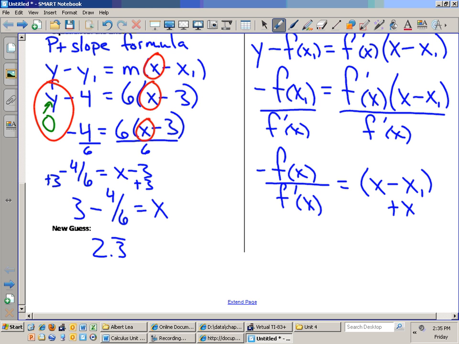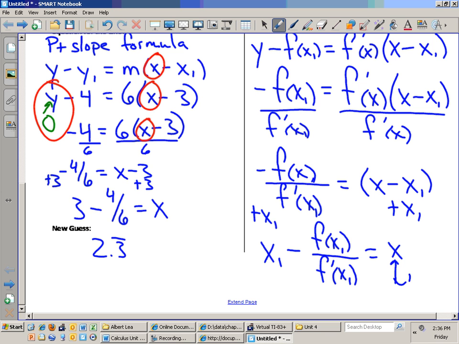Now if I add an x sub 1 to both sides, I get the resulting formula: x sub 1 minus f of x sub 1 over f prime of x sub 1 is equal to x, and that represents my new guess. Oh, forgot some notation there, sorry. Spelled guess wrong, I did during the class as well.